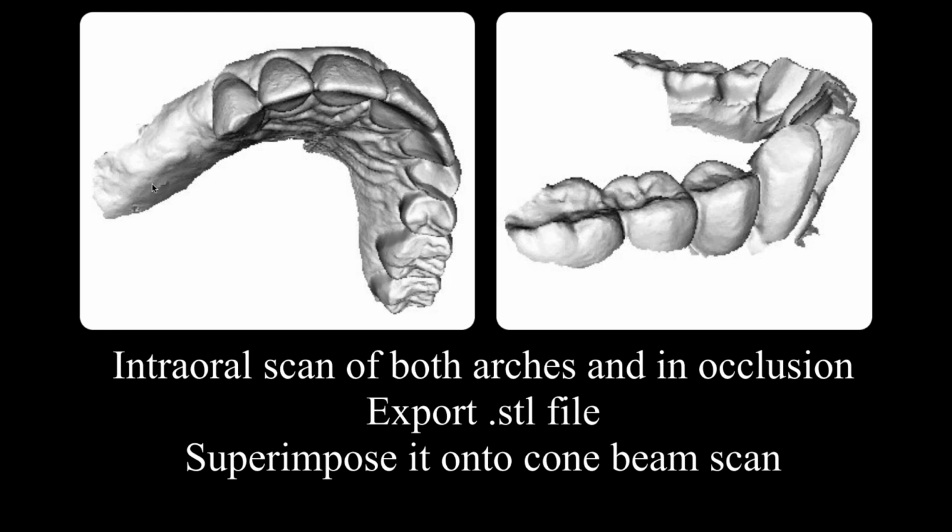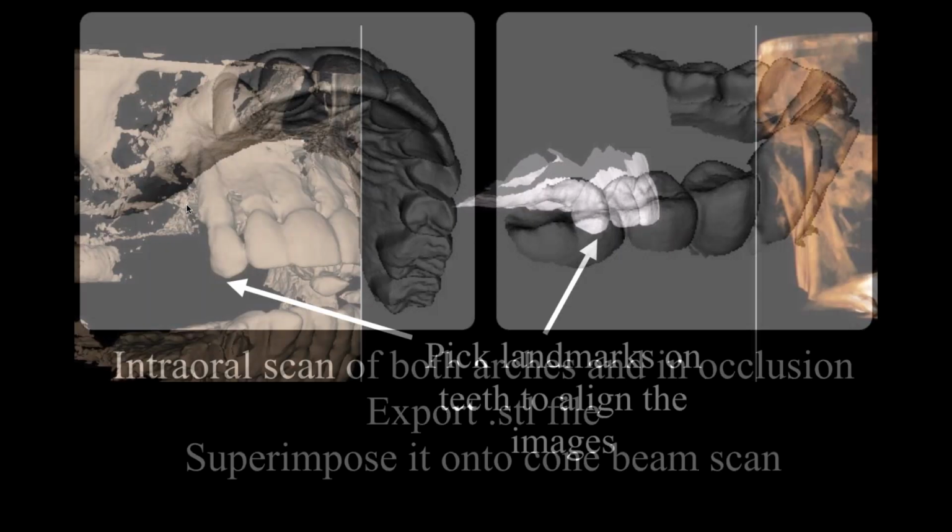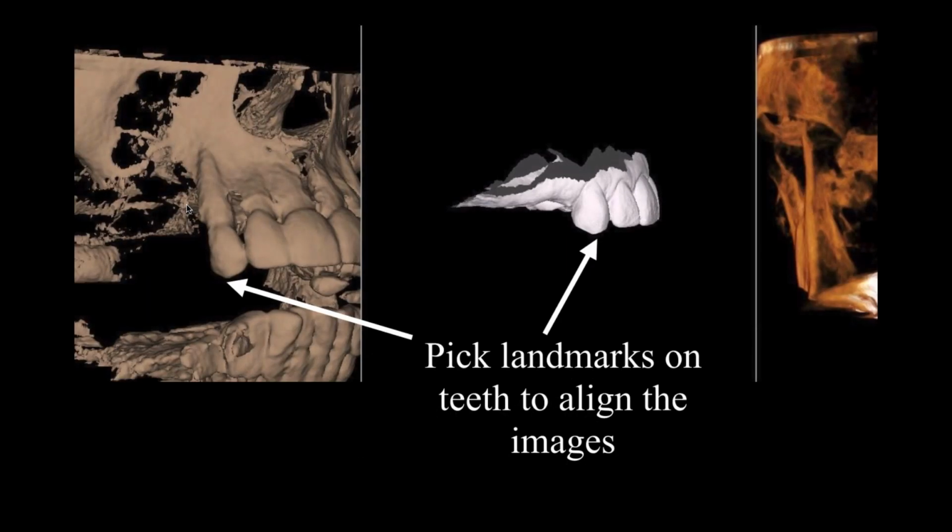So then I export that from the scanning computer to a flash drive, put it in the navigation system, and then I upload it into there. And when I superimpose it on the scan, what you see here on the left is the cone beam, and in the middle you see the STL file. And then I pick like landmarks.